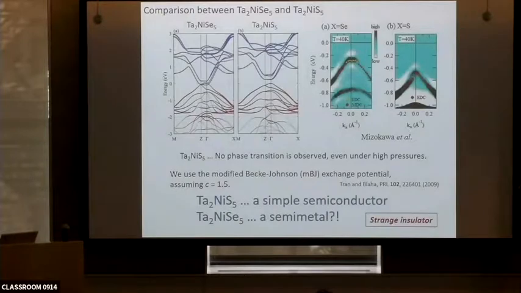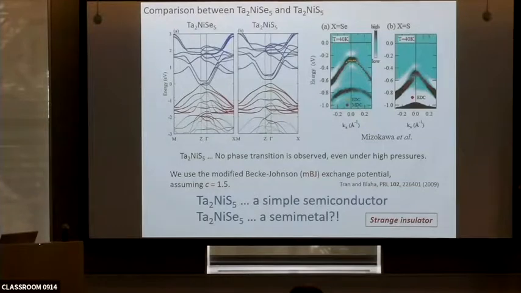We made the band structure calculation in this case with the modified Becker-Johnson type exchange potential. With this method, we can improve the underestimation of the band gap, so that we have a band gap here for the selenium sulfur system. And this is experimental photoemission data, and they are consistent. So the sulfur system is a semiconductor, I think.